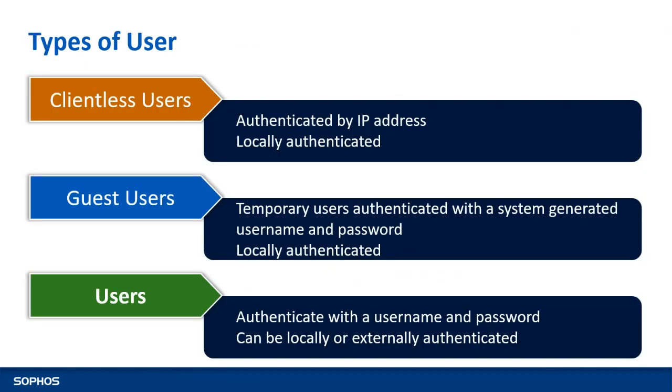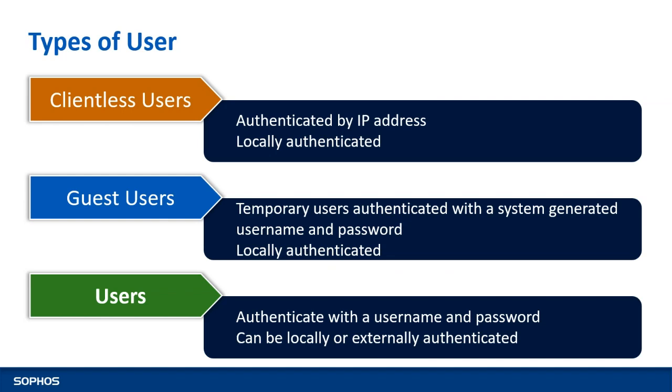Okay? The firewall has three types of users. One is the clientless users, that do not authenticate using a username and password, but instead are identified purely by their IP address. These clientless users are always authenticated locally by the firewall.